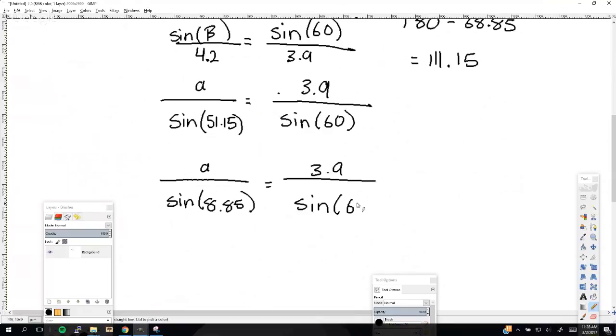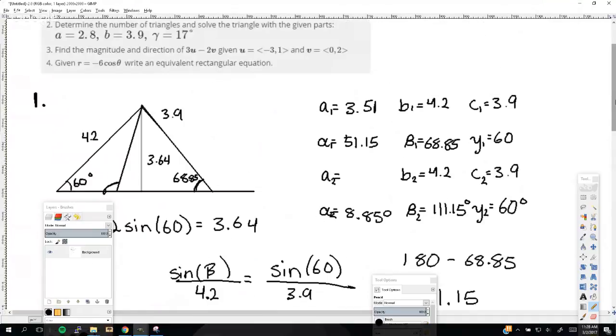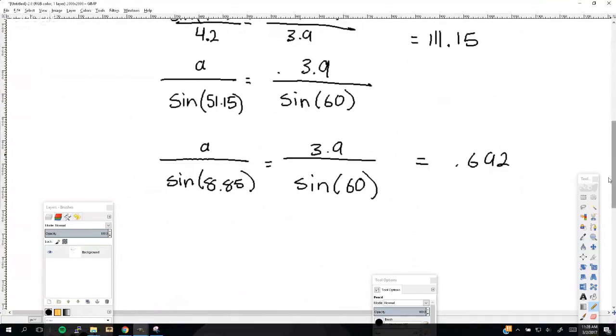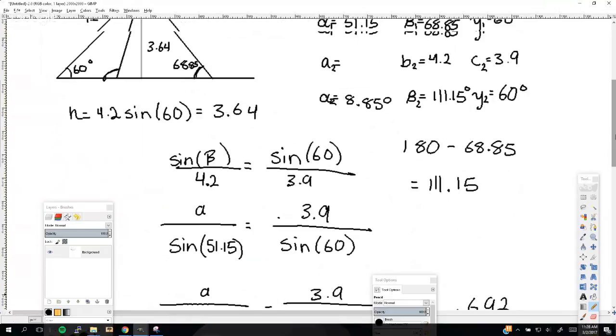That makes sense. Okay, well, I'm getting that A is equal to 0.692, whatever. Sorry, I'm just plugging in the equation.